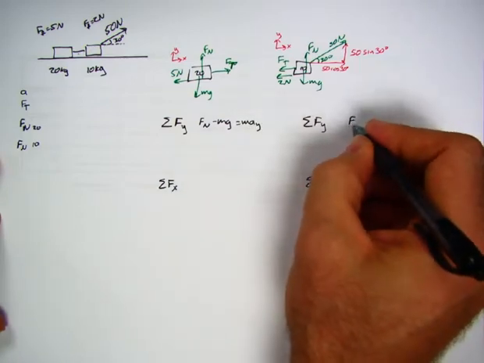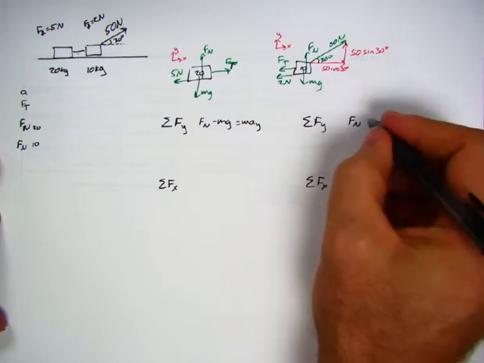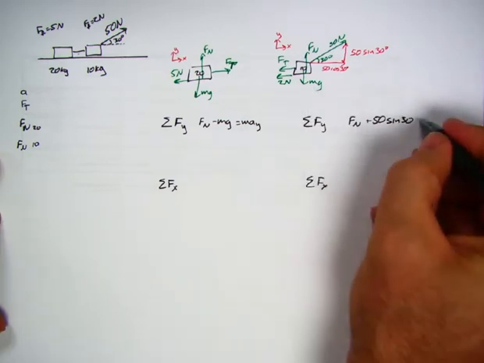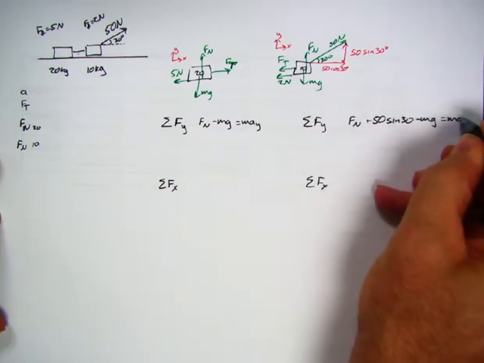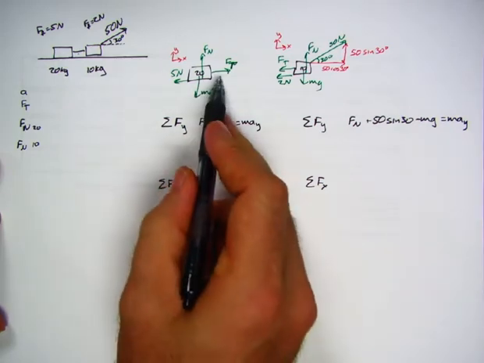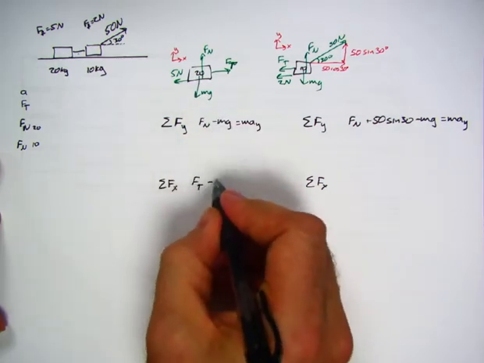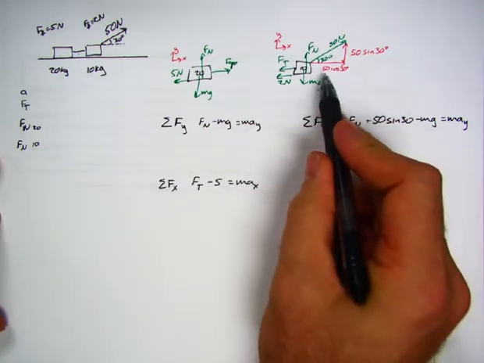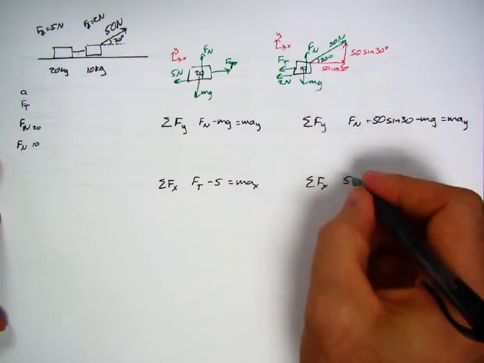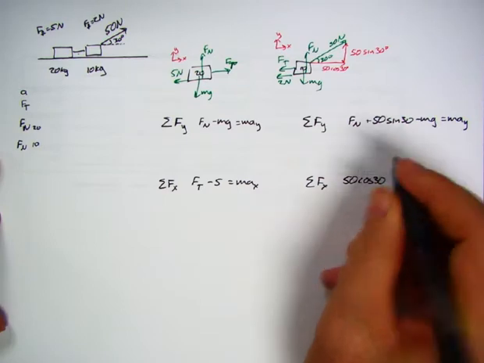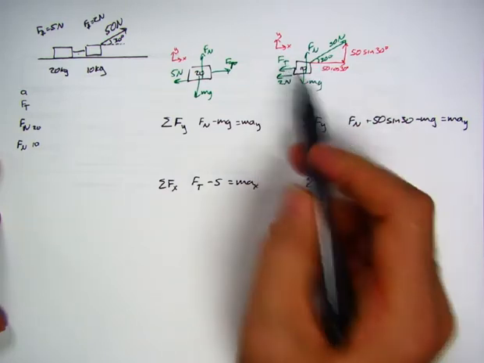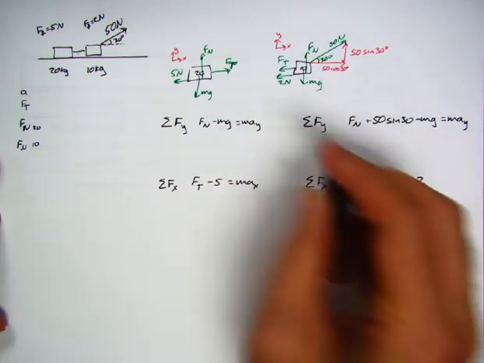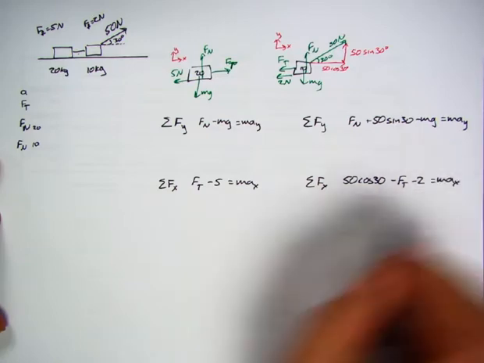Here we have normal force is positive, and 50 sine 30 is positive, and mg is negative, equals mass times acceleration in the y direction. In the x direction here, we just have force of tension minus 5 newtons equals mass times acceleration in x. I have a lot going on here in x, so I have 50 cosine 30 minus force of tension and minus 2 newtons, and then that's going to equal mass times acceleration in the x direction.